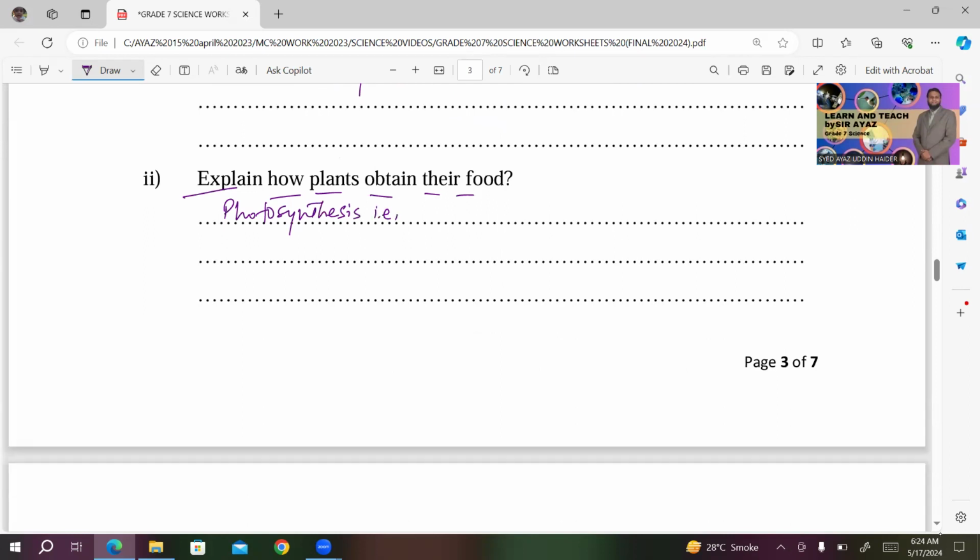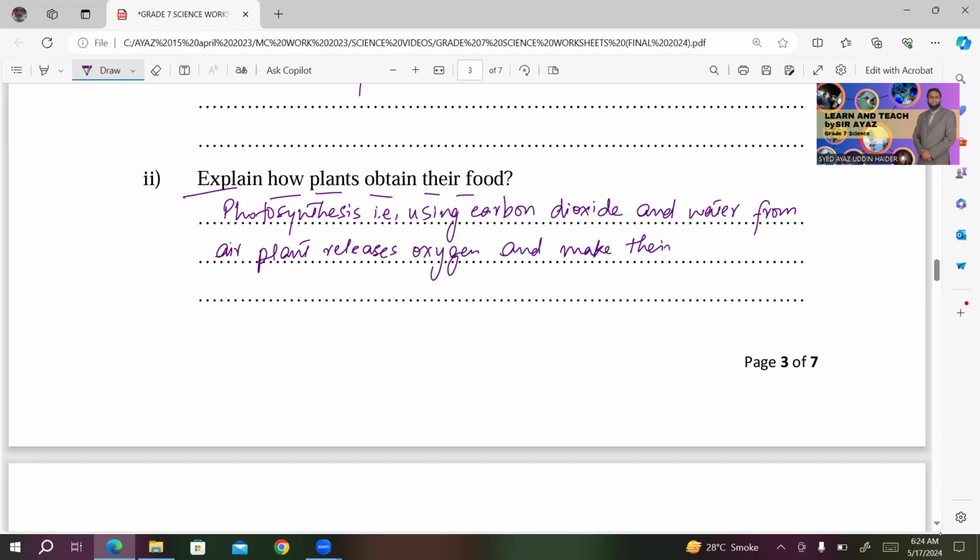That is using carbon dioxide and water from air, the plant releases oxygen and makes their food, which is glucose.